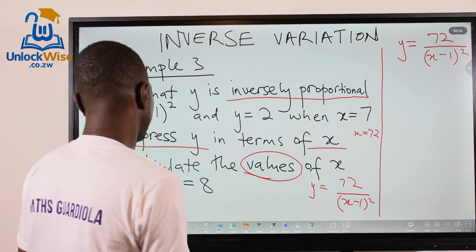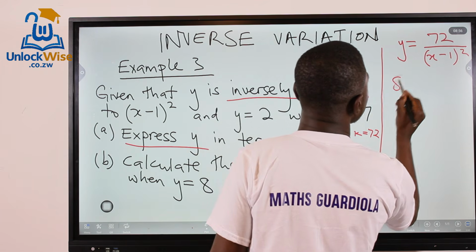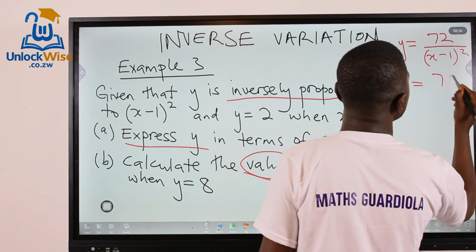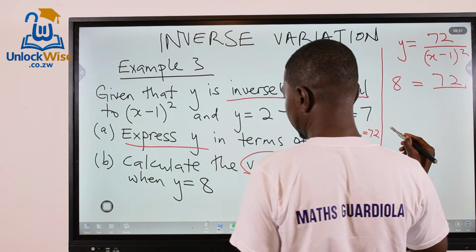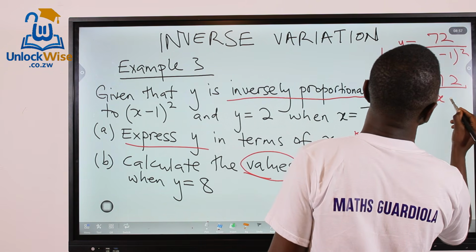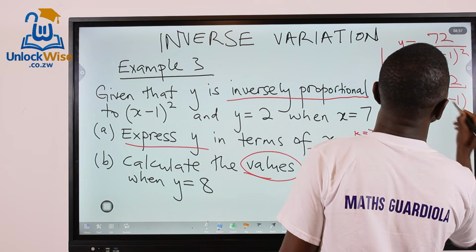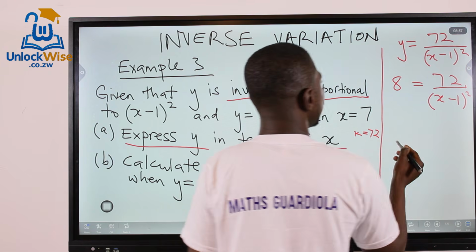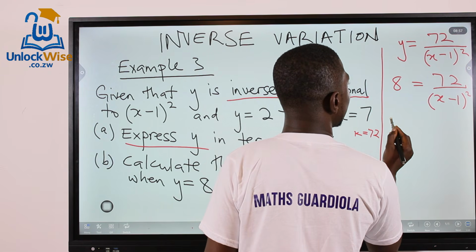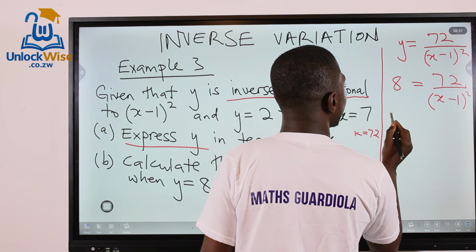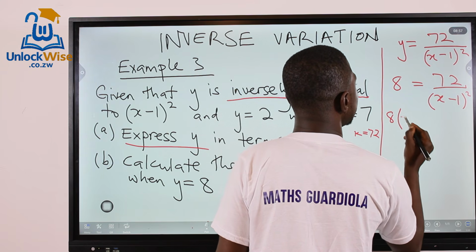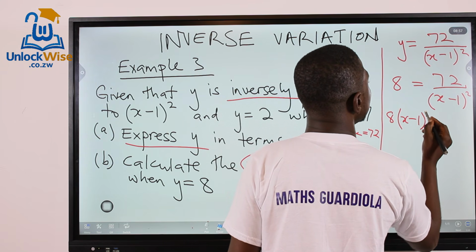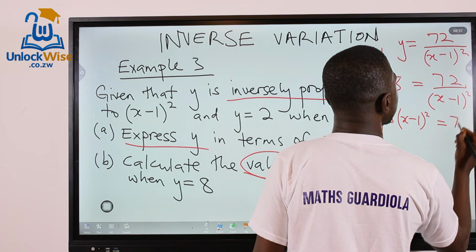Right. So our y is 8 and then this is 72 over x minus 1 squared. So if we multiply both sides by this term, we are going to have 8 bracket x minus 1 squared, which is equals to 72.